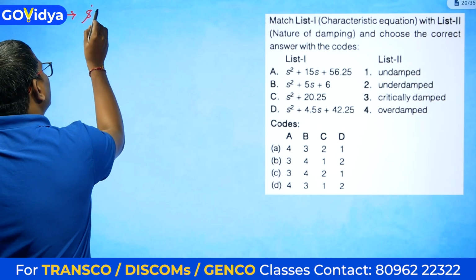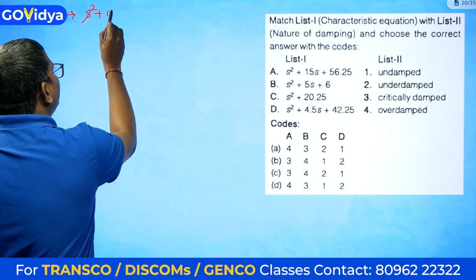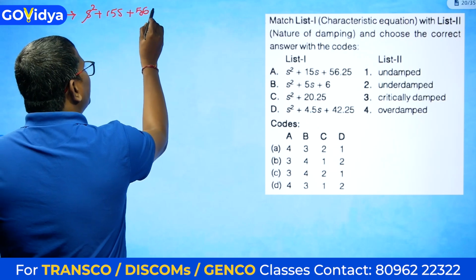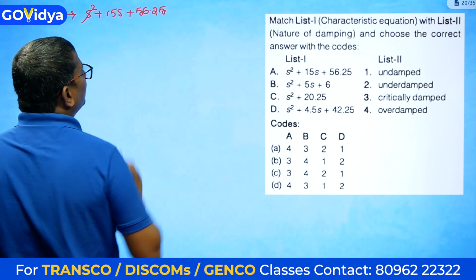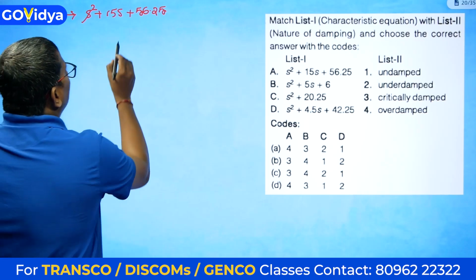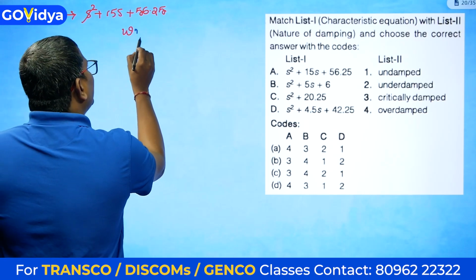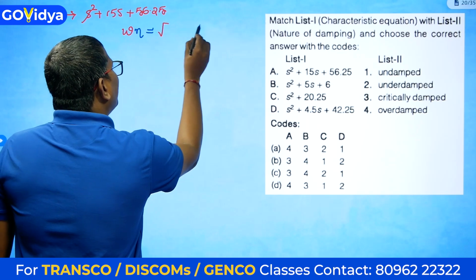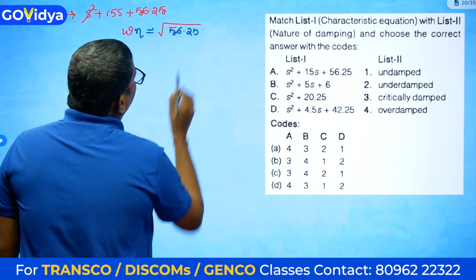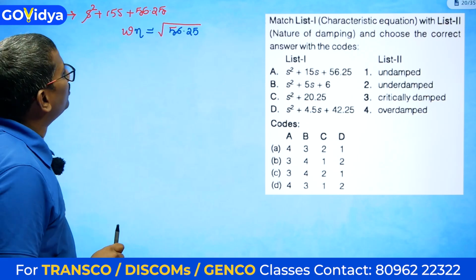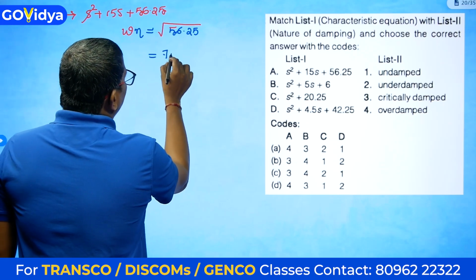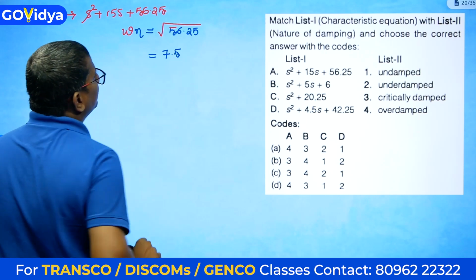S square plus 15s plus 56.25. Correct only na? 56.25. So we have to calculate first omega n. What is omega n? Root of 56.25. So 56.25 root value is equal to 7.5.